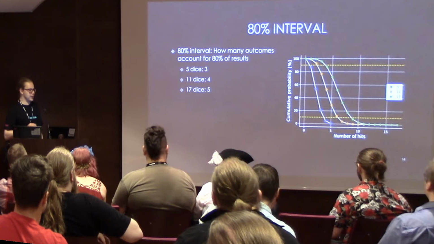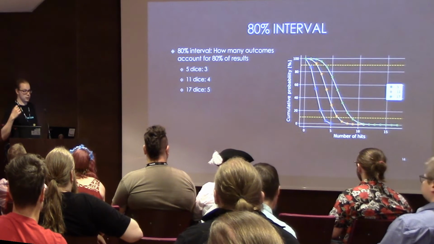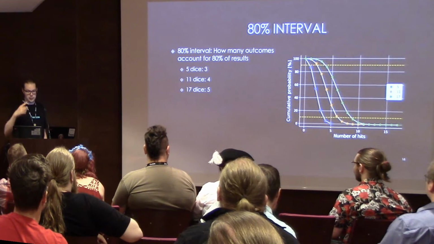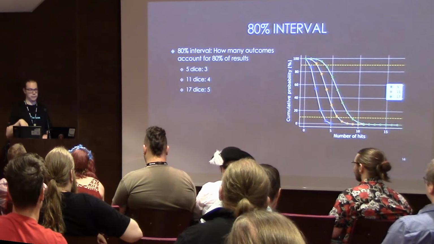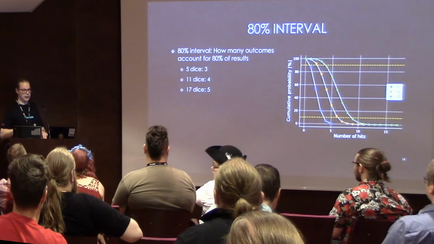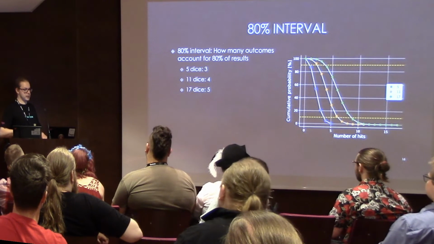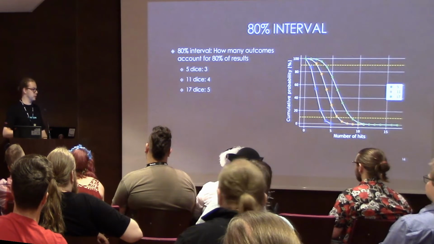So we see that actually the number of results in the middle is quite modest. And not only is it modest, it grows quite slowly. So the consequence of this is that even if we increase our dice pool from 5 to 17, which is a massive change, the number of expected results doesn't really change that much. So most often on a dice pool of 5, you're going to see 3 results.